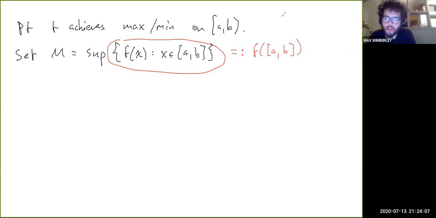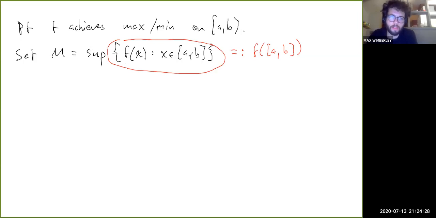In general, if you have a set A, then the notation f of A is the set of all values that f achieves when you plug in any point of A. That's common notation that I would like to keep using in the future.